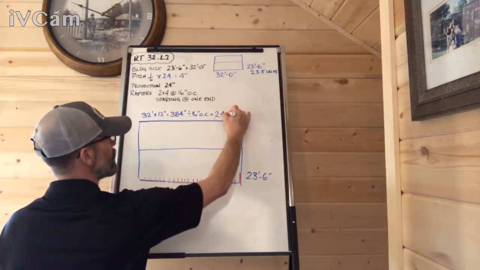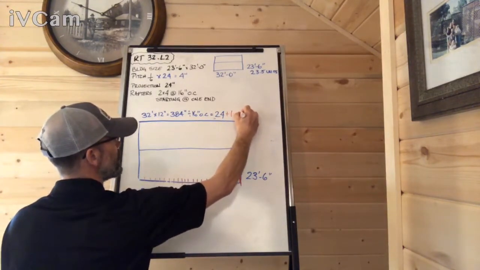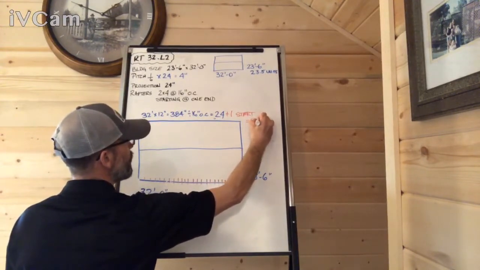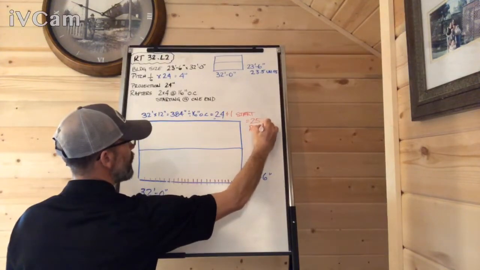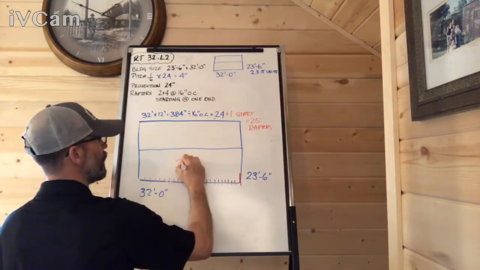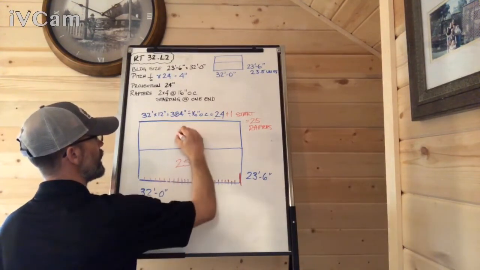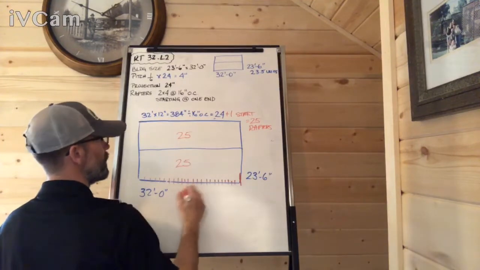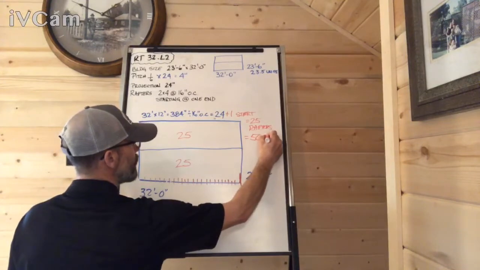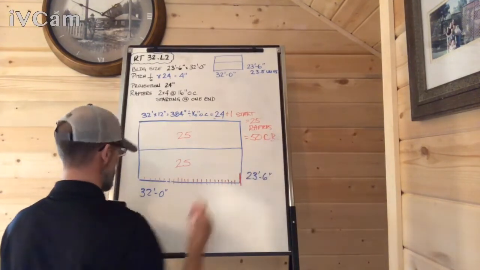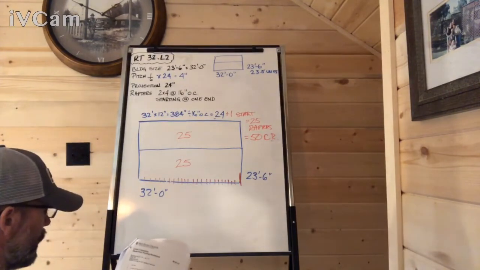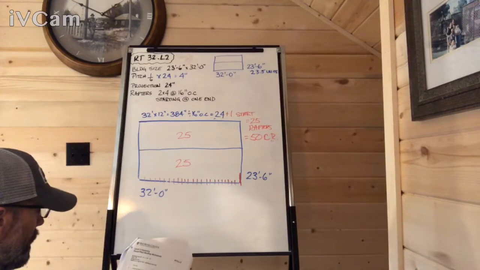So 24 plus 1 to start is equal to 25 rafters. That's 25 rafters on this side, plus I need the same thing on this side, which is equal to 50 common rafters. So the number of common rafters, 50.